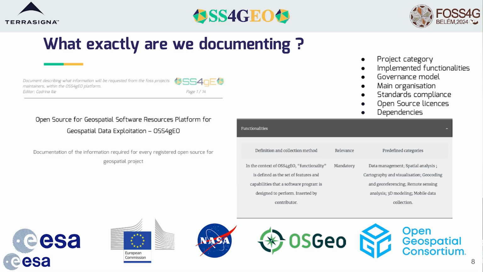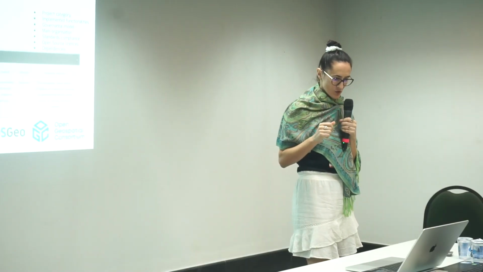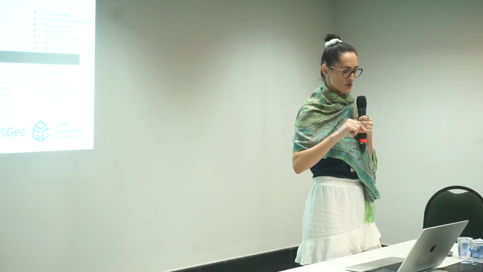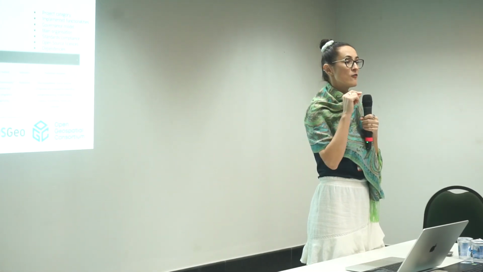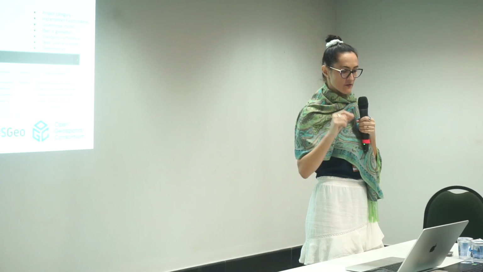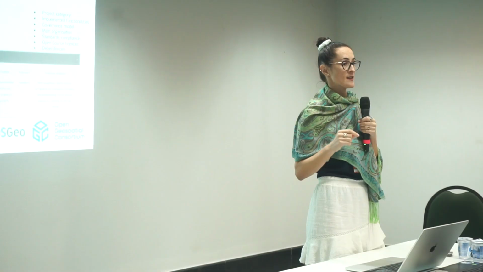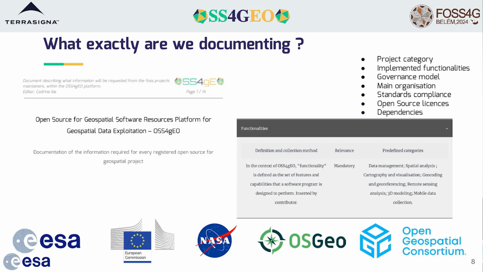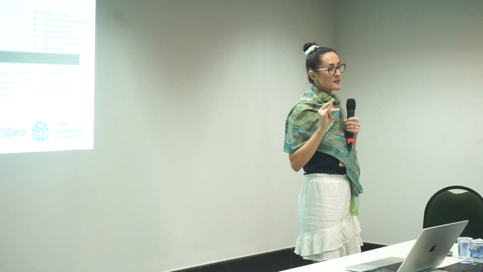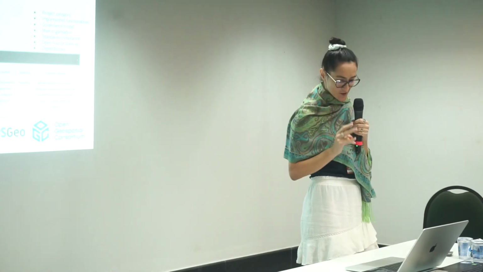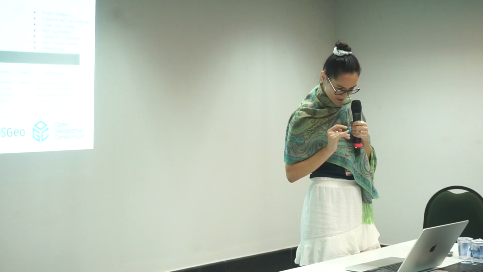We've also tried to decide if this information that we think is relevant to know can be automatically harvested from the Git repo, or if this has to be manually inserted. For example, with respect to interdependencies with other geospatial projects, although it might seem easy to harvest that from a Git repo, I can assure you it is not.